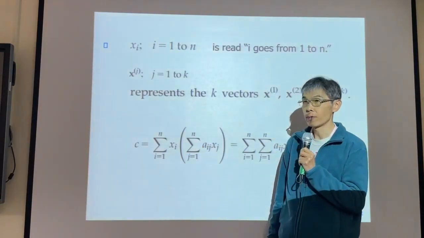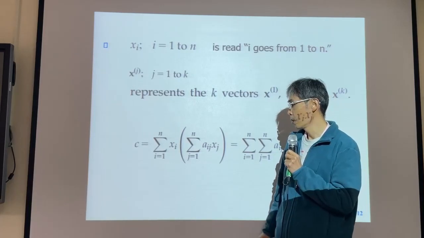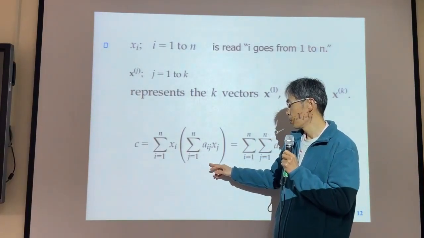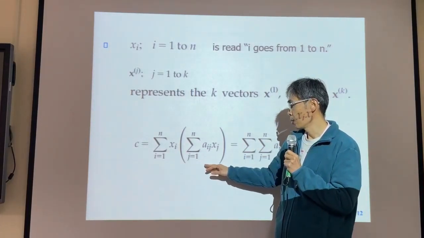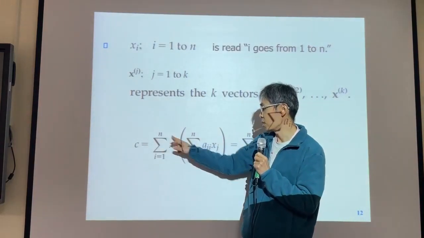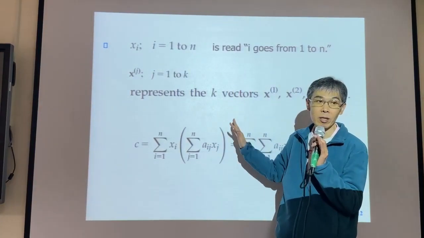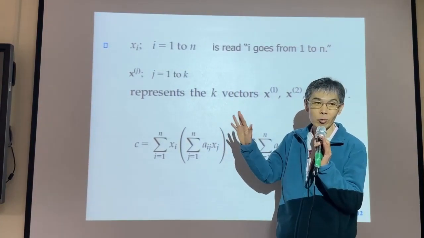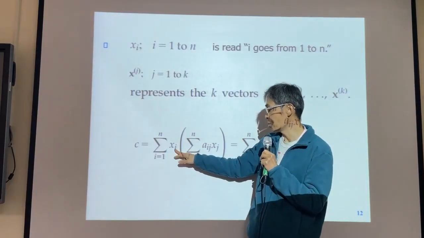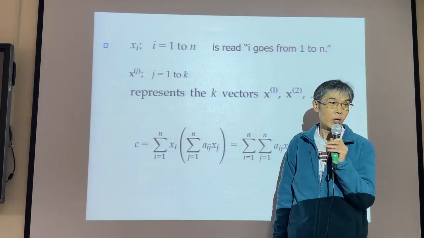You can carry out A11 x1 plus A12 x2, then A21 x1 plus A22 x2. You have several items, but if n goes to 8 and n goes to 6, then it's too many, and your formula is too complicated. So we can use Einstein notation to simplify your formulations.